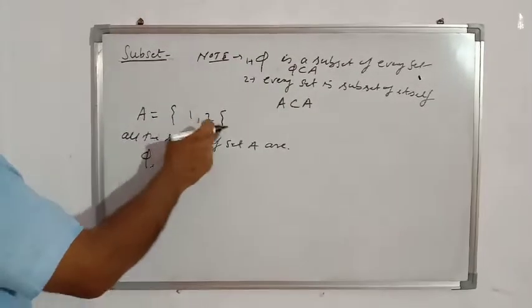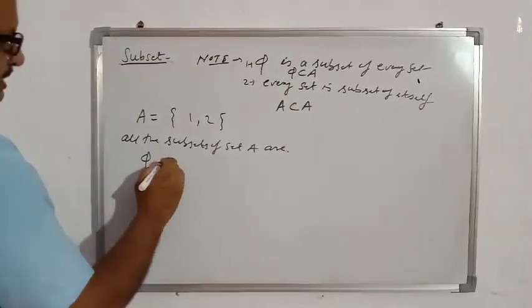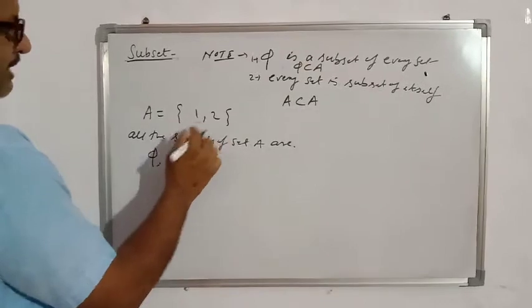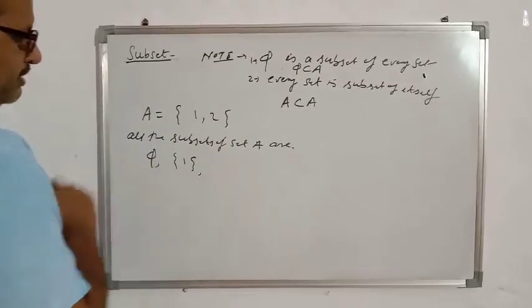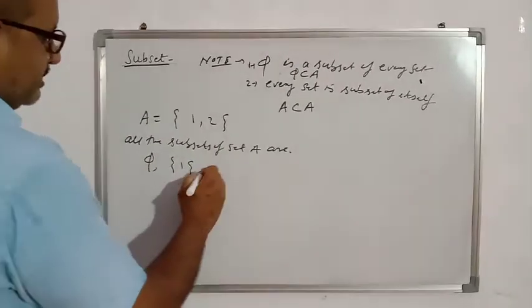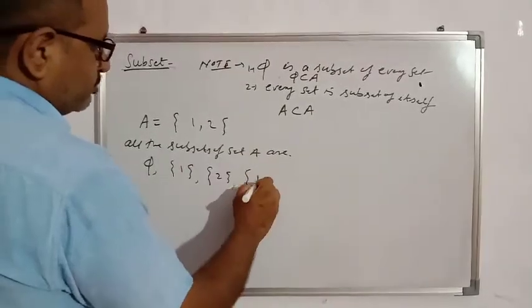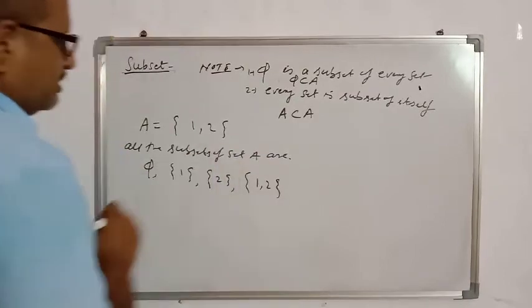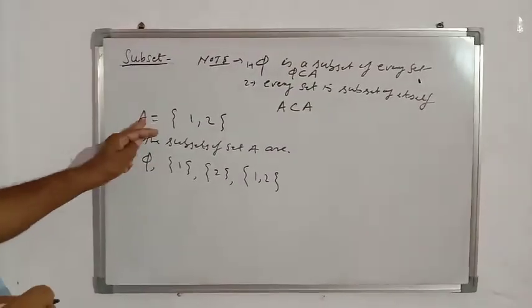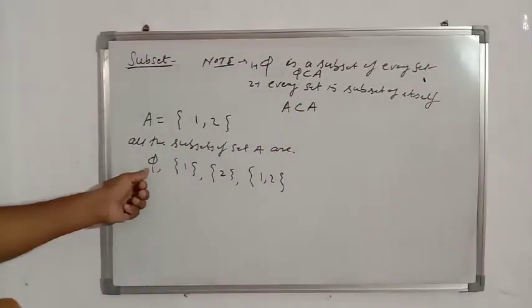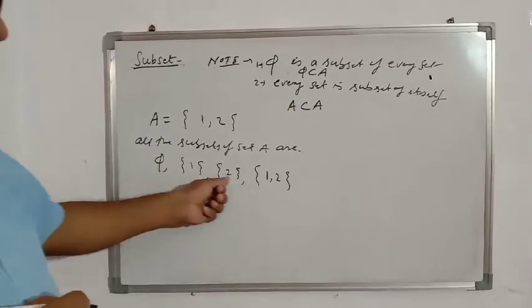Phi is a subset of every set, so phi is one subset. Now we will take one element, a single element: {1} is another subset, {2} is another subset. Now take two elements together, 1 and 2 both: {1, 2}. So these are the subsets of set A. So how many subsets are there? 1, 2, 3, 4.